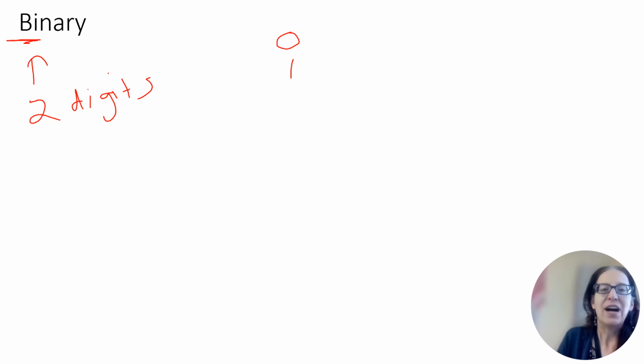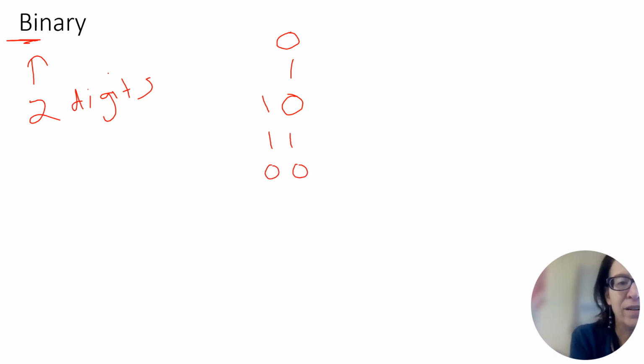And so we have to start over. But when we do, we have to kick over a place value. And so we start counting up again, and then we run out of digits really fast again. And so we start over, and we kick up a place value.